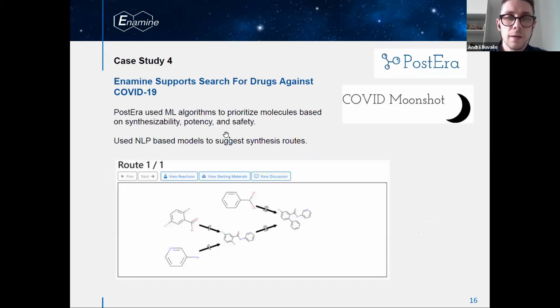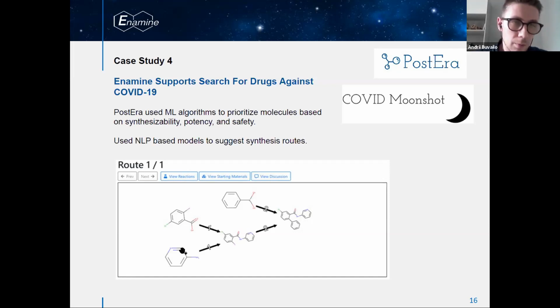And finally, the recent collaboration involved participation of Enamine in the COVID Moonshot project, coordinated by a computational company, Postera. The company has a machine learning based algorithm which applies natural language processing type of models.